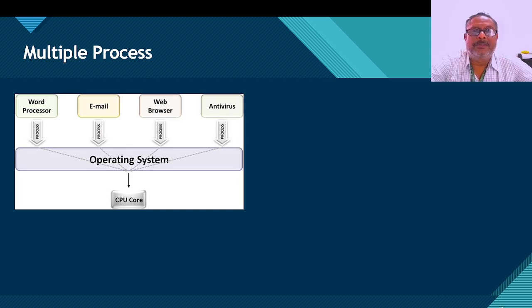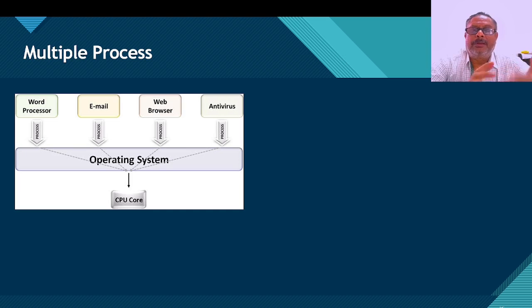All these operations appear to us, as users, to be done concurrently, but in reality they are not, because to do these actions the processor is required, and we have only one processor, which has to be used for all of this. So some sort of scheduling is done by the operating system.